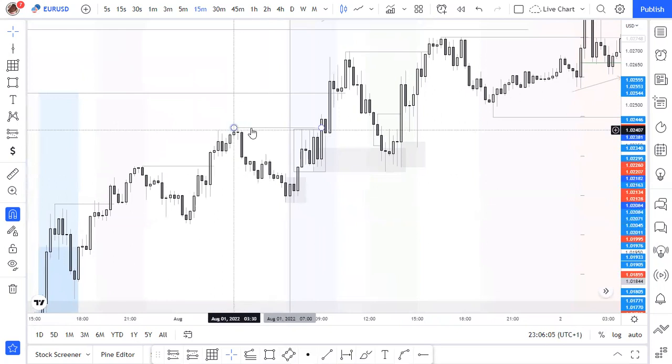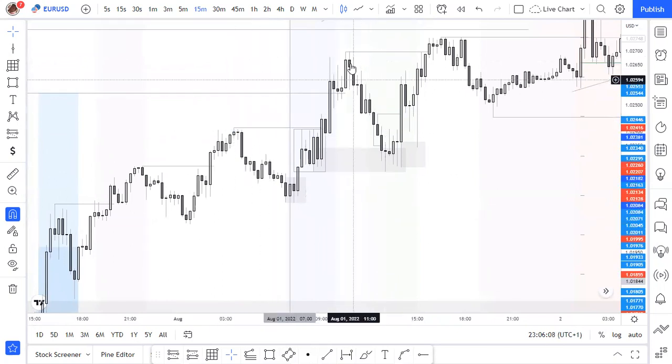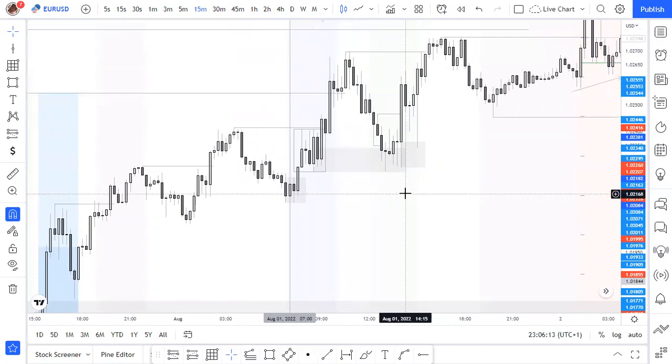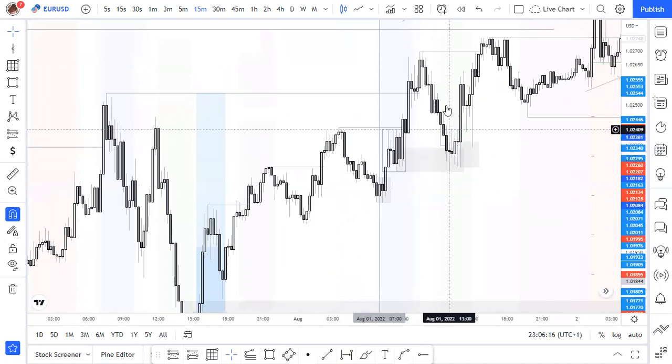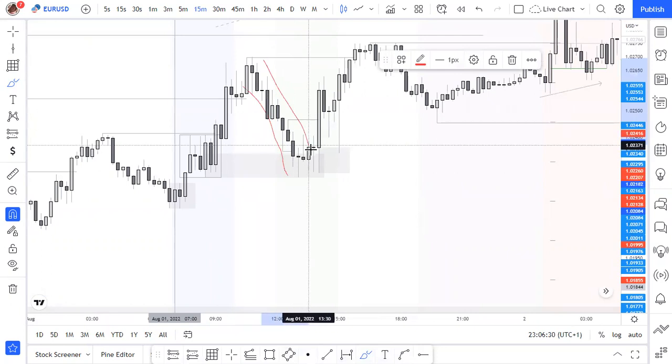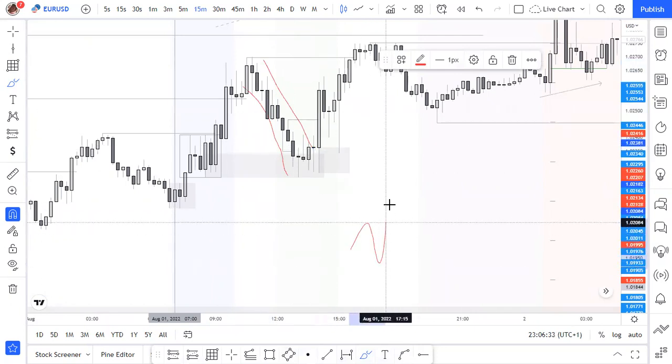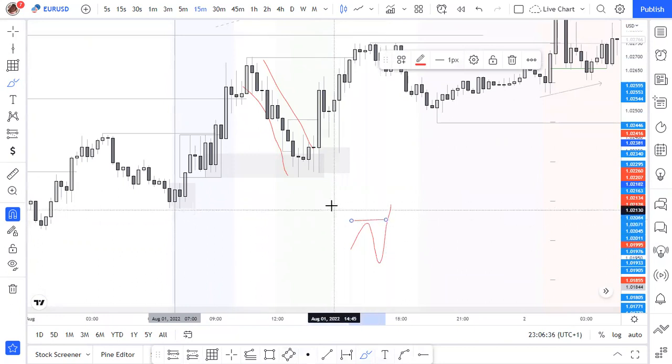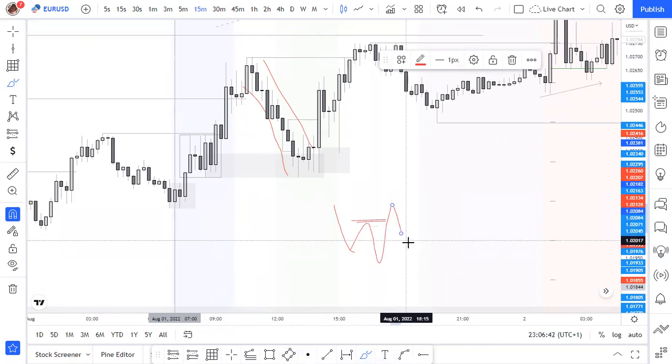When price broke above this high and started pushing down, I think that was around the London session, New York open, somewhere around the New York session. So I wanted to look for some kind of 1 minute entry regarding this pullback. I wanted to see a break of structure on the 1 minute, and then look for that confirmation higher low, which I normally talk about.